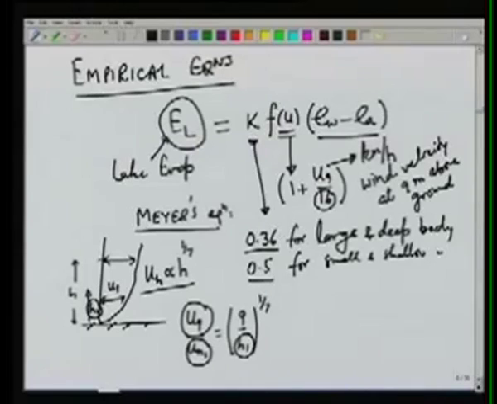So by measuring UH1 and H1, we can obtain U9 from this equation and use that in Meyer's equation. The other two terms which we need are saturated vapor pressure, and this is vapor pressure in air. The saturated vapor pressure EW is a function of temperature, and typically a curve like temperature versus EW would be available to us.